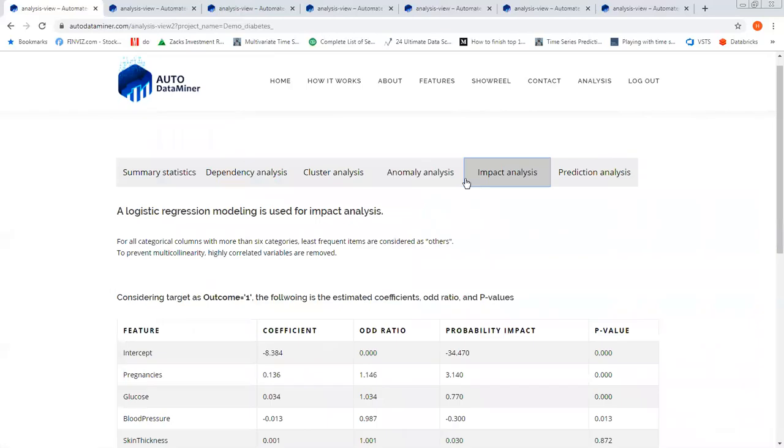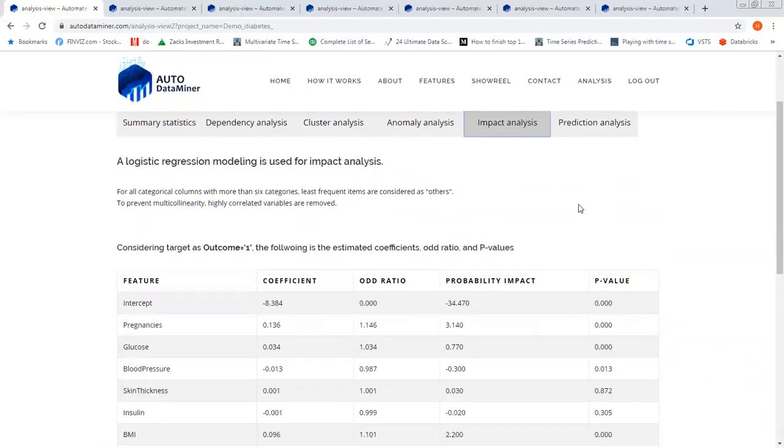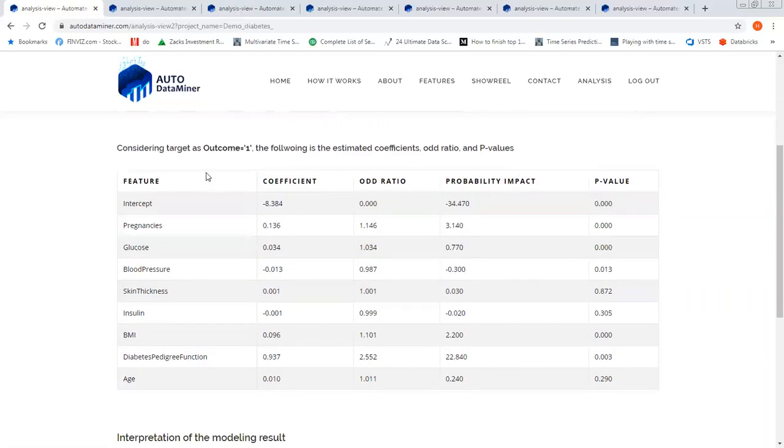Another one is impact analysis, which is actually very interesting. What happens here? Usually, the system uses logistic regression to model that data set, and then it shows the impact of different variables on the target column, which was the outcome, right? If you are a data analyst or a data scientist, you definitely understand this table.